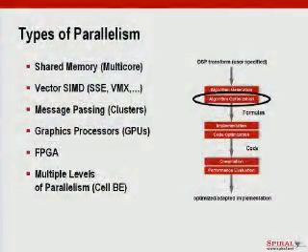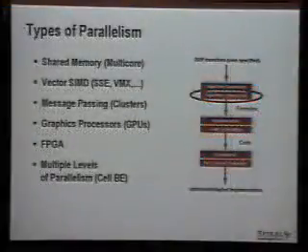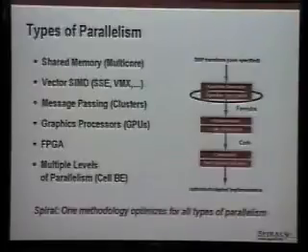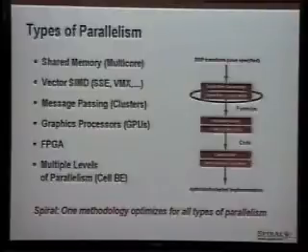What we are doing is we move that parallelism extraction all the way up to the algorithm optimization level. So we move it up to a higher level of abstraction and try to gain by that. The idea in Spiral is we have one methodology to deal with all these types of parallelisms in the same way with the same framework.